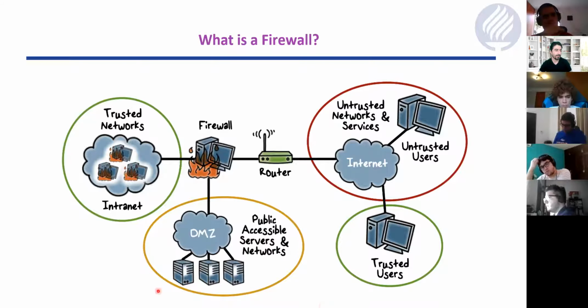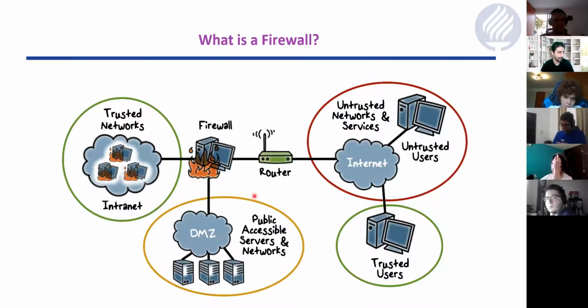And then you have also some DMZ, or demilitarized zone, which is part of the network that is accessible to the public. So it can be your domain, your financial system's website, and all the related files for that.